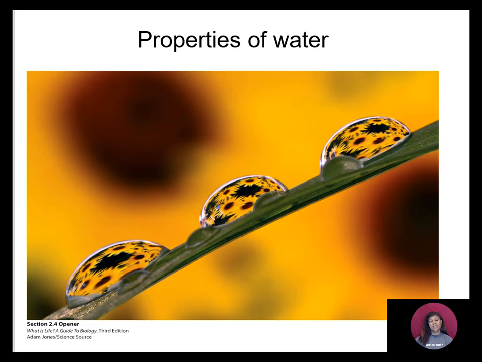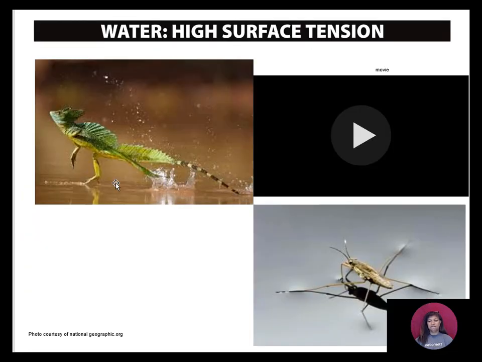But let's take a look at some of the unique properties of water that you're very familiar with, but let's look at why. So I want to introduce you to this little fella. This is the Jesus Christ lizard, and I'll show you why he has that name.